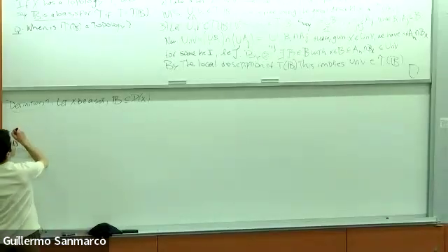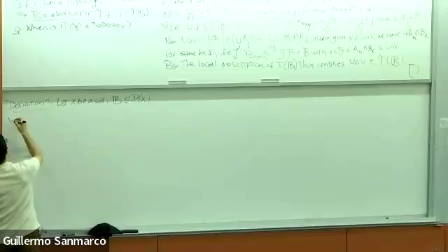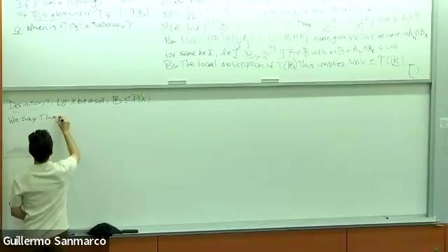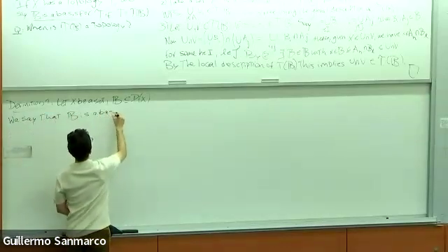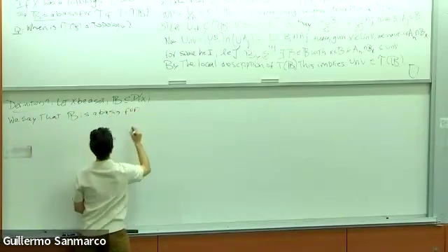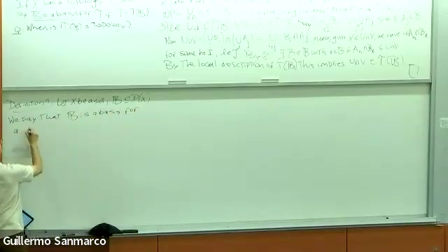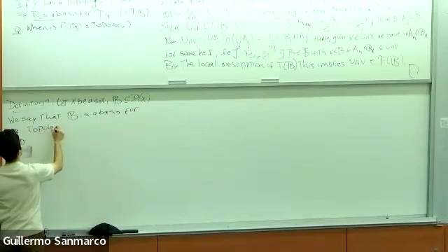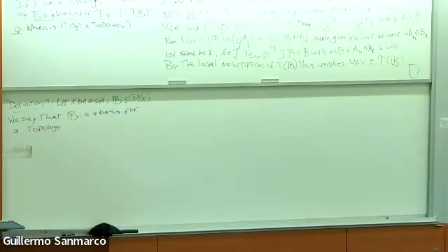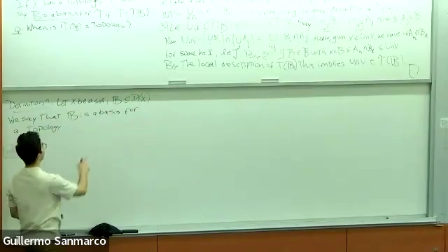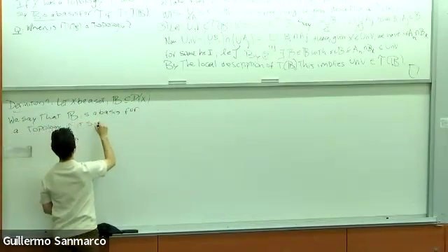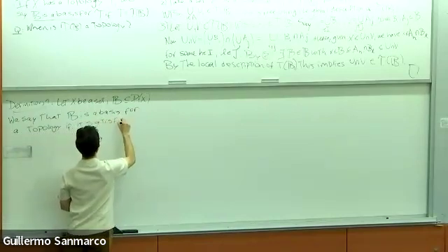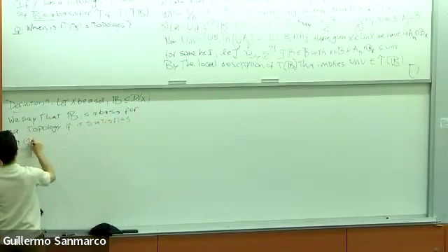We say that B is a basis for a topology. You could also say it's just a basis, if it satisfies 1 and 2 from the proposition.